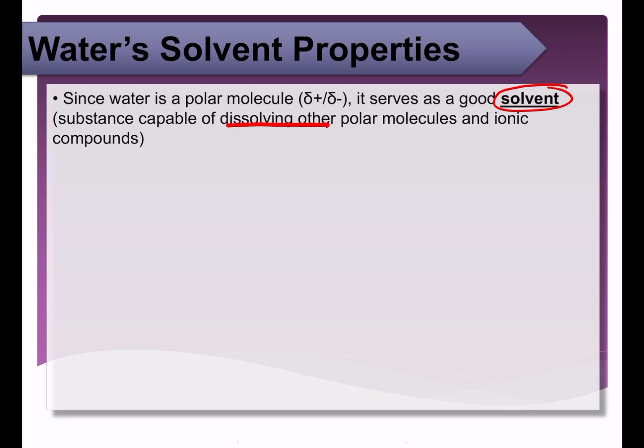Because water is a polar molecule, as we have discussed earlier, with a partial positive charge and partial negative charge, it is only capable of dissolving other polar molecules and ionic compounds, which is why we have the difference of hydrophilic items versus hydrophobic items. Depending on the physical or chemical property of that particular molecule, if it's polar or ionic, it's going to be hydrophilic. If it's nonpolar, then it will be hydrophobic.